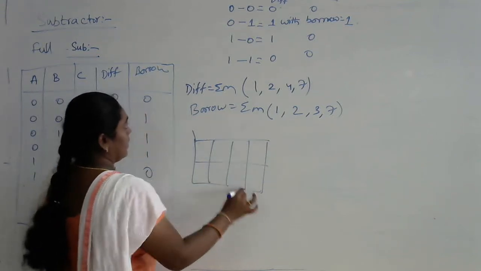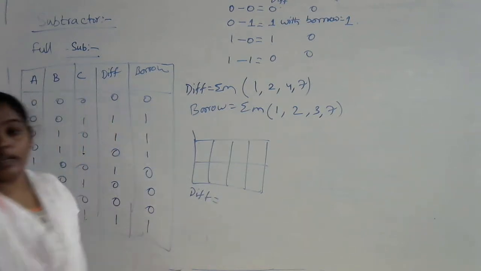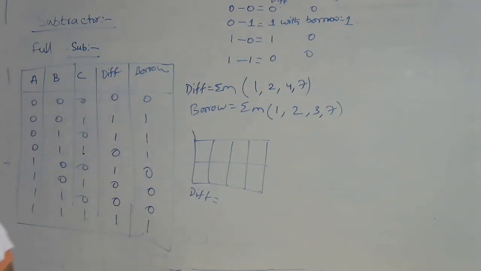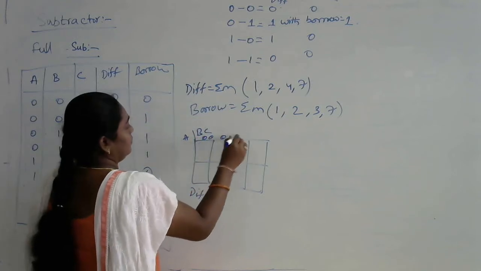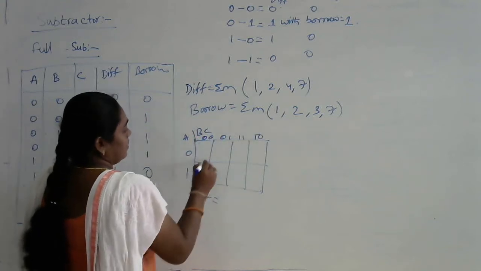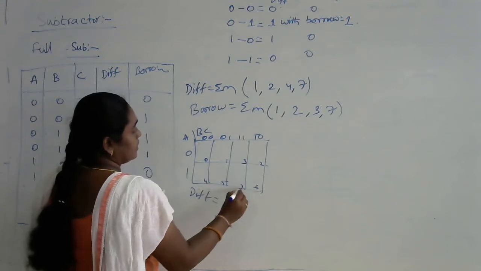Three variable K-map. This is for difference. For difference, I got the expression as 1, 2, 4 and 7. Here this is A, B, C, and 0, 1, 2, 3, 4, 5, 6, and 7.